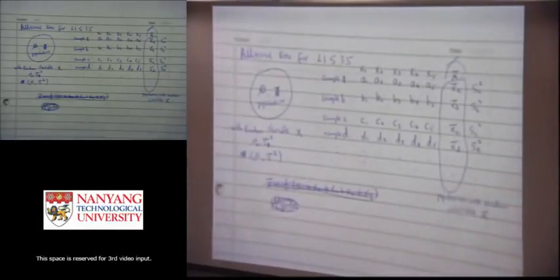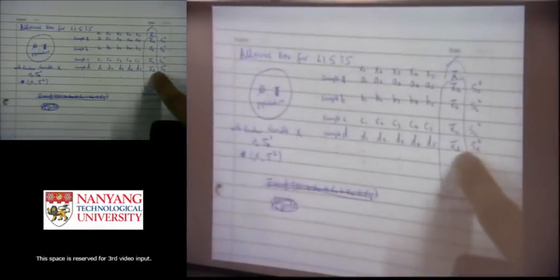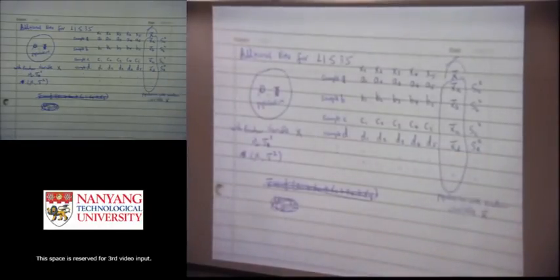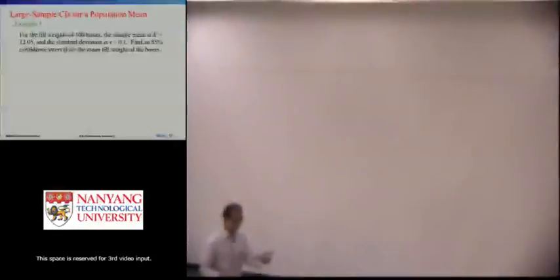Which one are they asking? This one, right? So we can look at the question. They said confidence interval for the mean fill weight of the boxes. They are not asking for the confidence interval of the fill weight of one box, right? So the question is asking about the filling of x bar.